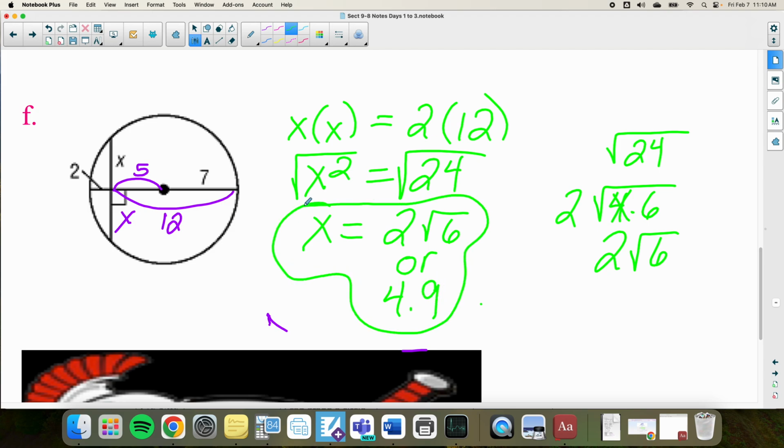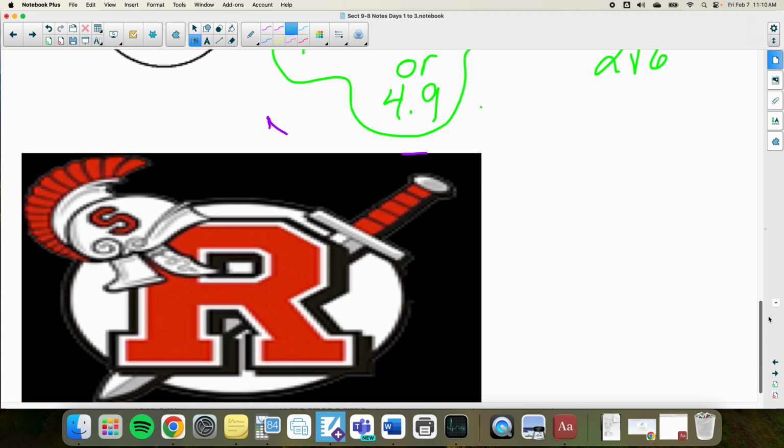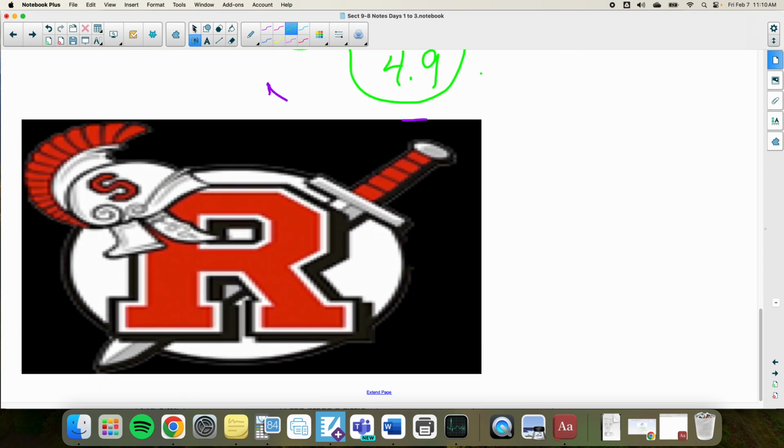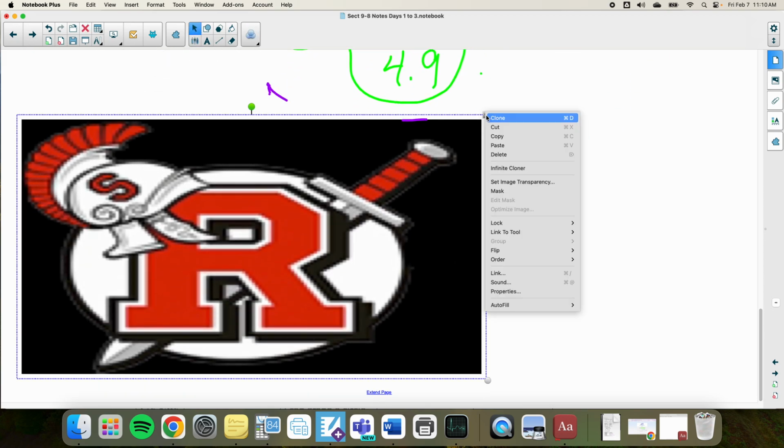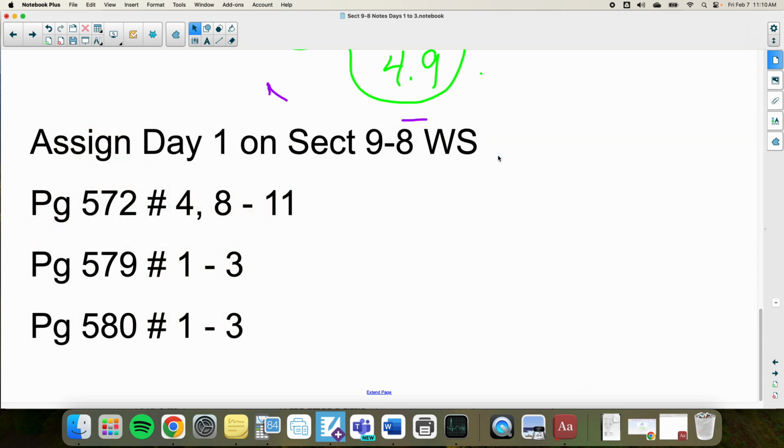Now, in Schoology, you're going to have a worksheet, and it's going to say up in the corners which ones to do for day 1. And I believe these will be the numbers that it lists for day 1, okay? So you don't really have to copy that down.